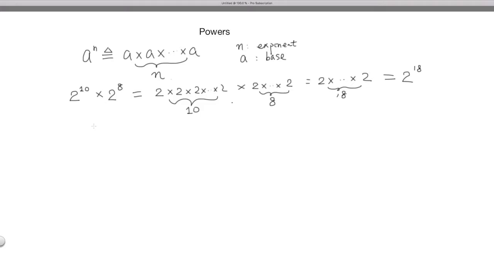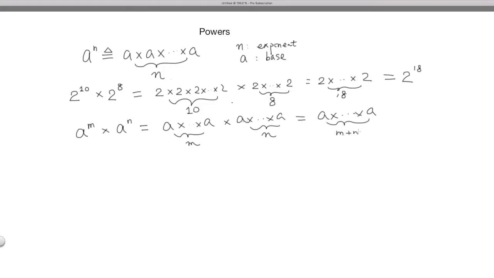And this really can be generalized into any a instead of just 2. So if I look at a to the power m times a to the power n, this is going to equal a times a, m such a's, times a, n such a's, and this equals a times a, how many a's multiplied together? m plus n a's multiplied together.